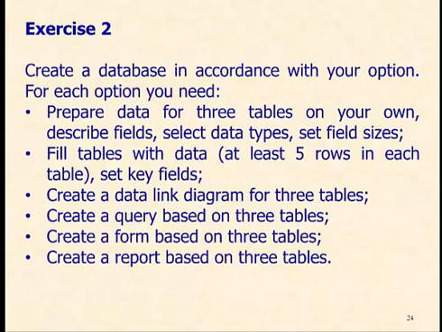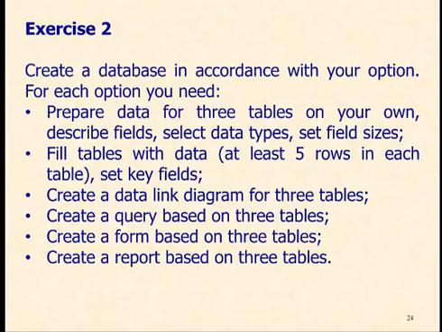Exercise 2. You need to create a database in accordance with your option. For each option, you need to prepare data for 3 tables on your own, describe fields, select data types, and set field sizes.